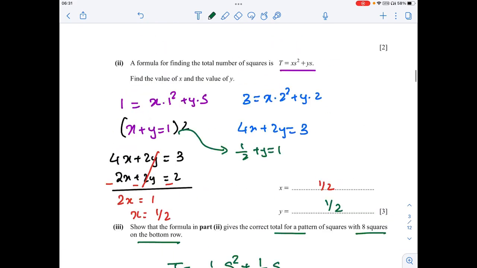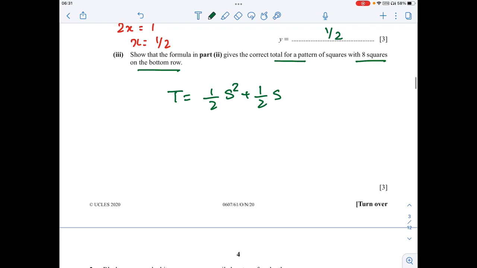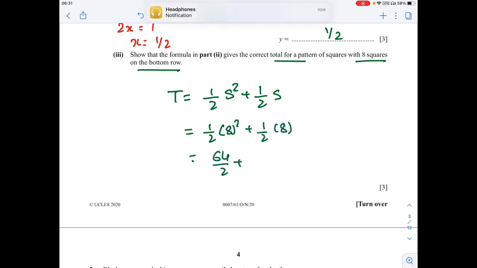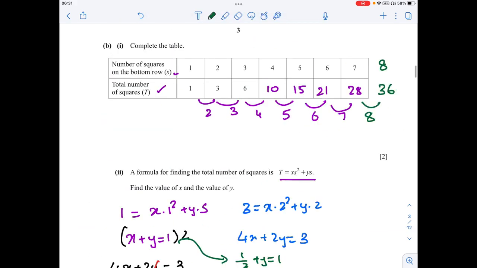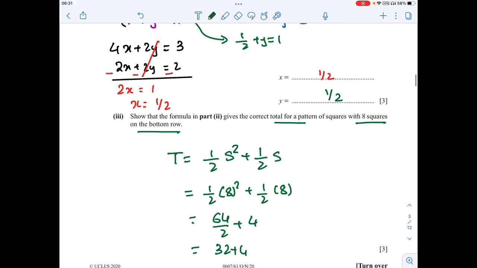That was the formula. So now s should be 8: 1 upon 2 times 8 squared plus 1 upon 2 times 8. So 64 upon 2 plus 8 upon 2 is 4, which is 32 plus 4, which is 36. Have we got 36 over there? Yes, we got 36. So therefore it is correct.